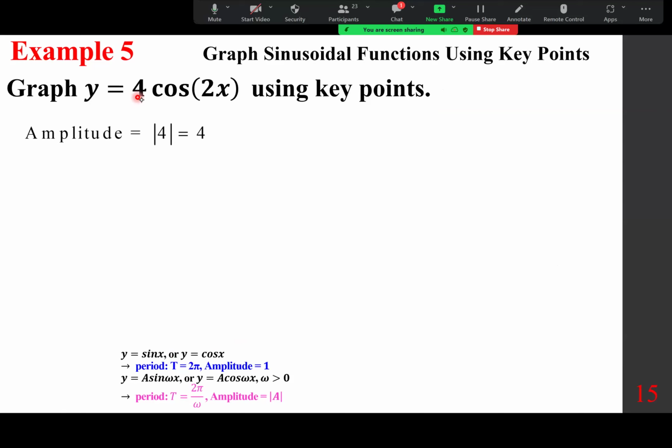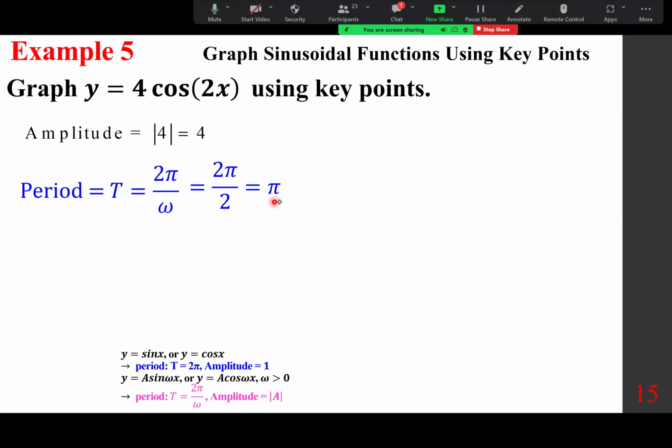The period t equals 2 pi over omega, which makes it 2 pi over 2, or simply pi. So a period of 0 to pi, that's what it has. A complete cycle goes from 0 to pi.